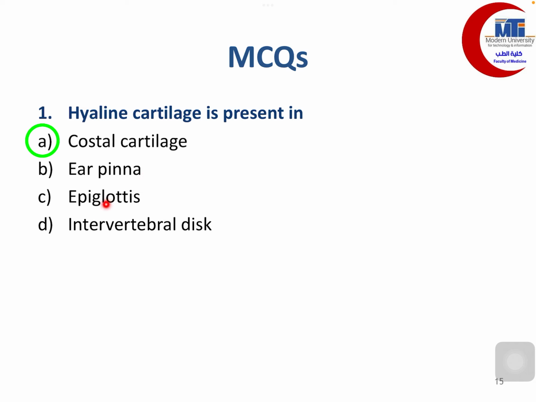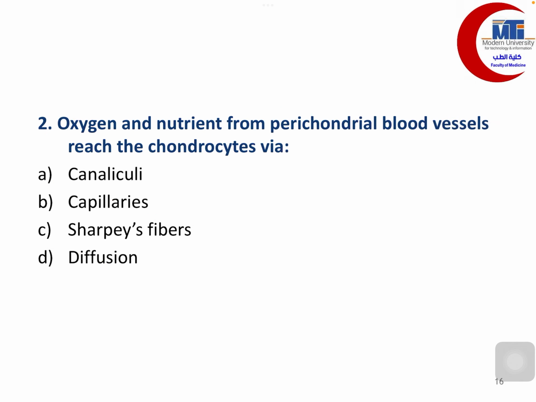You can also deduce that the ear pinna and the epiglottis, like the eustachian tube and the external auditory meatus, contain yellow elastic cartilage, while the intervertebral discs contain the white fibrocartilage. So next one, you can pause also the video for a moment.